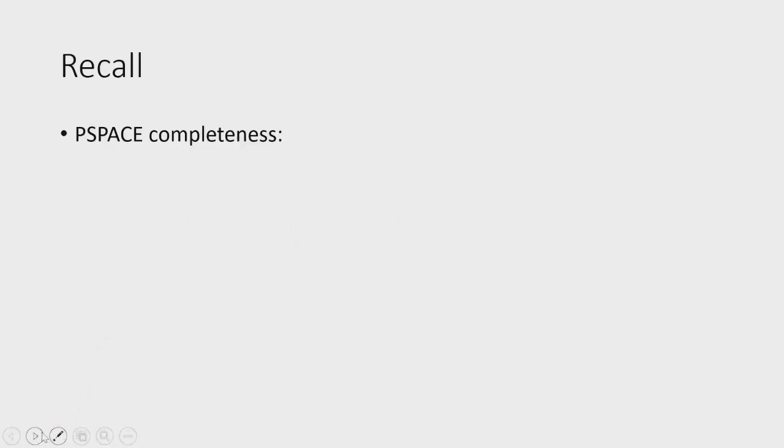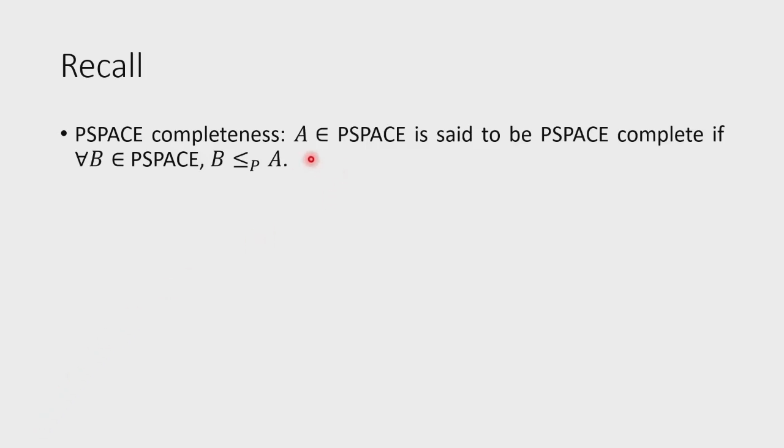So let's start by first recalling what we saw in this week. So in this week we saw the notion of PSPACE completeness, which is similar to the notion of NP completeness, and it's defined as follows.